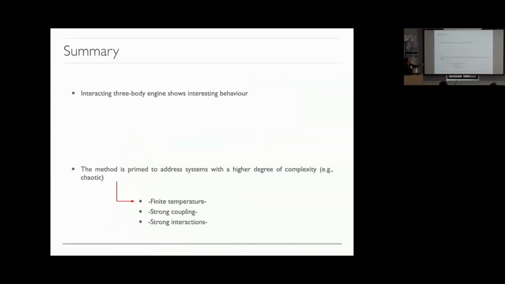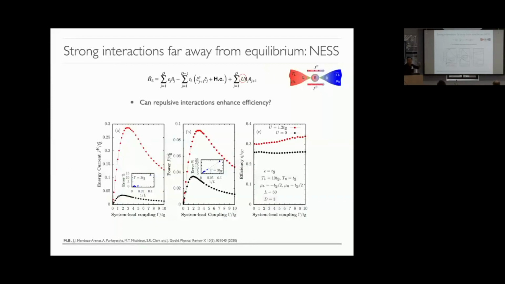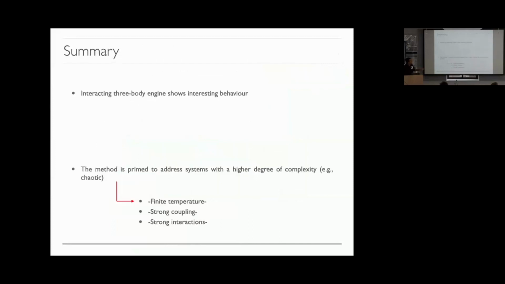Just to summarize this three-body problem that I showed you, this is just with three interacting fermions in the middle. And it shows very interesting behavior. It shows us that non-quadratic interactions may be a resource, okay? And finally, and most importantly, I think this method is primed to do many sorts of different things.